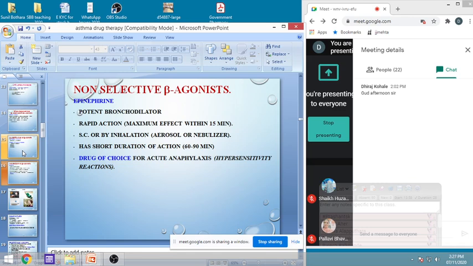They have a very good therapeutic index, but where it causes hypersensitivity, in that patient it can cause death immediately. So this is the problem, and this is called anaphylactic shock. These are dangerous, and therefore epinephrine is an important drug. It is the drug of choice in that condition.